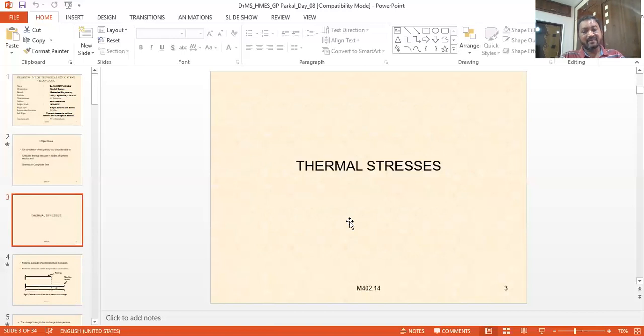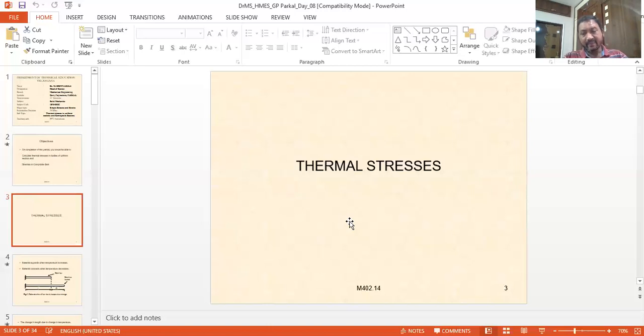So that means whenever a bar is subjected to an increase in temperature, and that free expansion or free elongation, the deformation due to the rise in temperature, that is called the thermal deformation, is avoided or restricted, then compressive stresses are induced in the body.